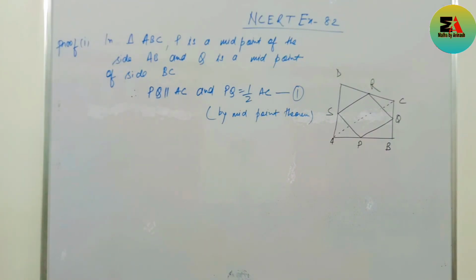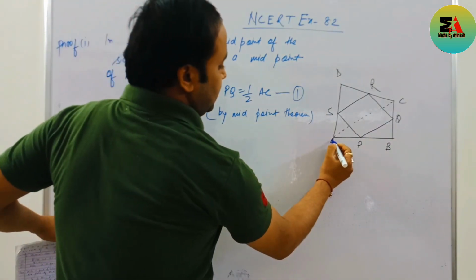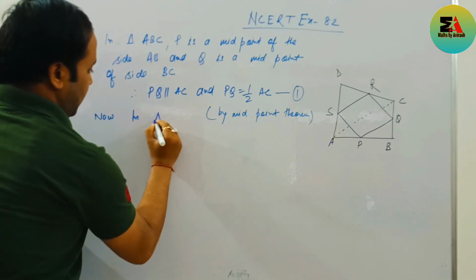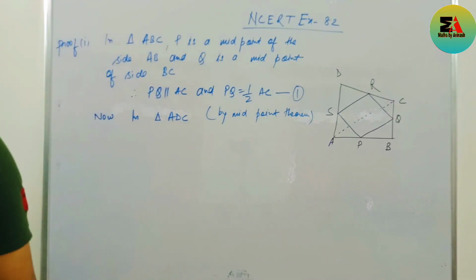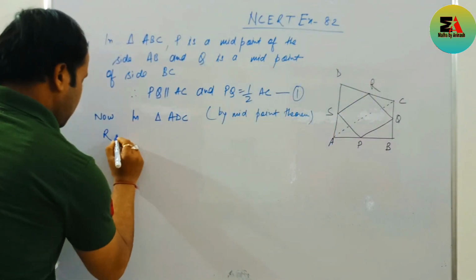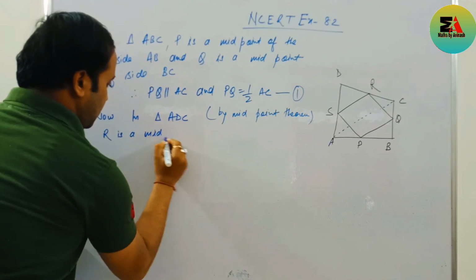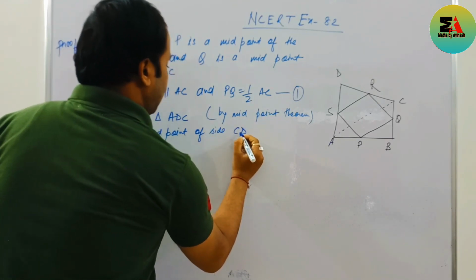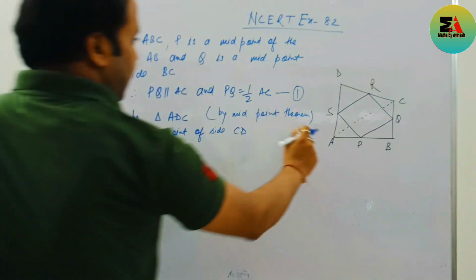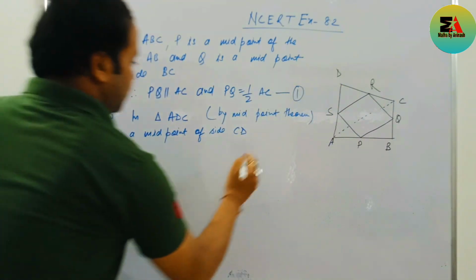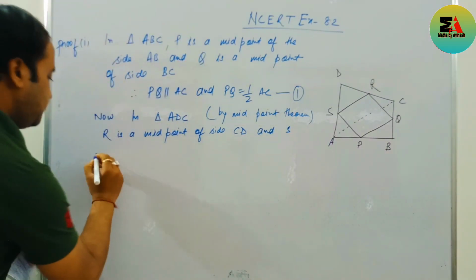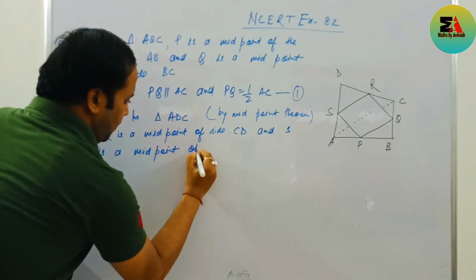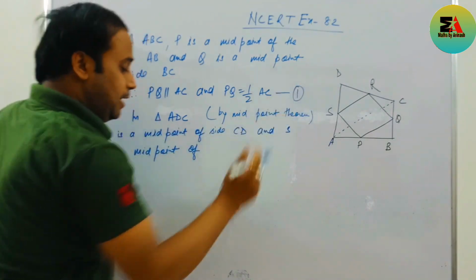Now we have to take triangle ADC. In triangle ADC, R is the midpoint of side CD and S is the midpoint of side AD.